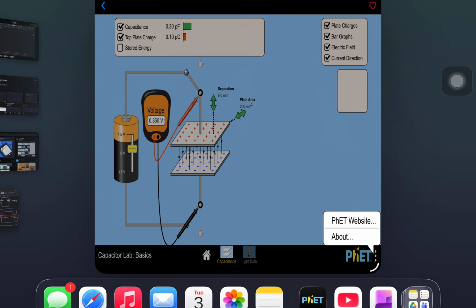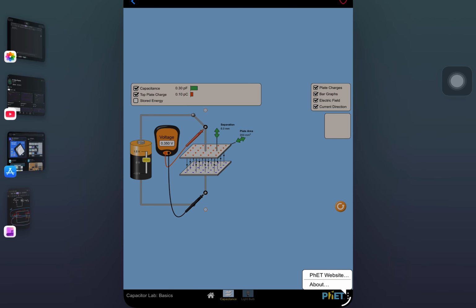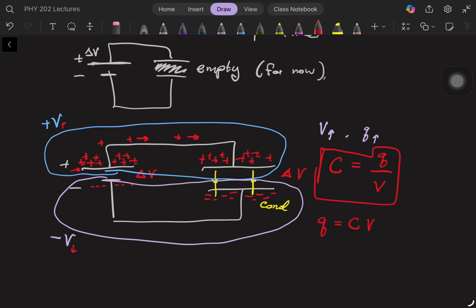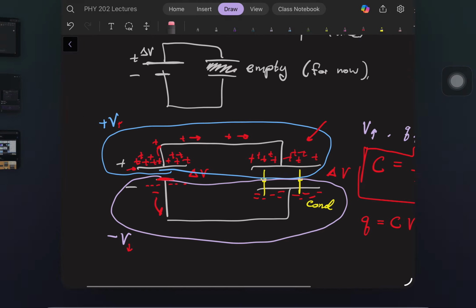And like when I went through this kind of argument of the charge building up on the top is going to cause charge to build on the bottom, that's the way I like to think about it. You can also just think the negative plate is the source for negative charge. And so you get the positives going up, the negatives going down, and they just both go until the potential difference builds up.